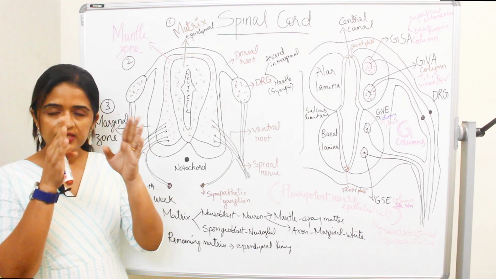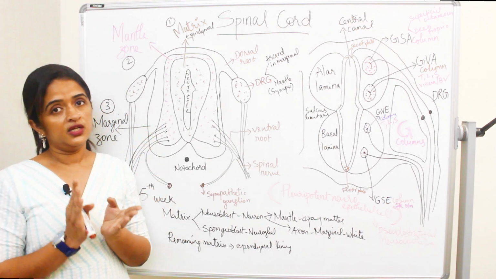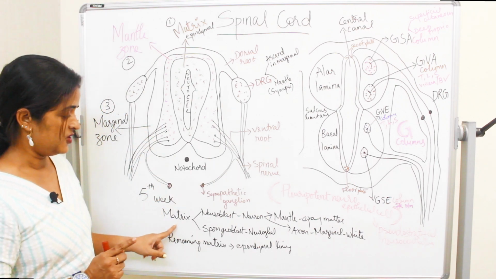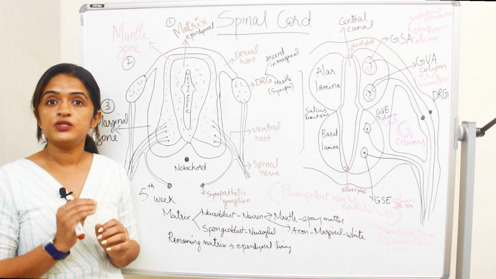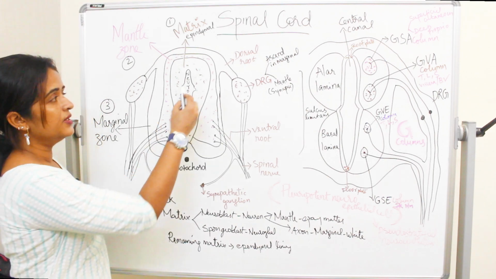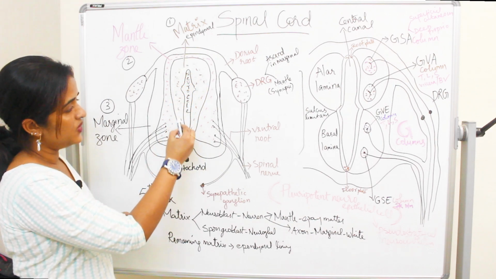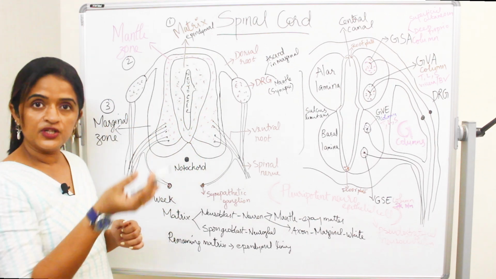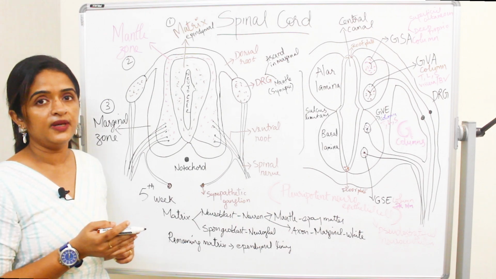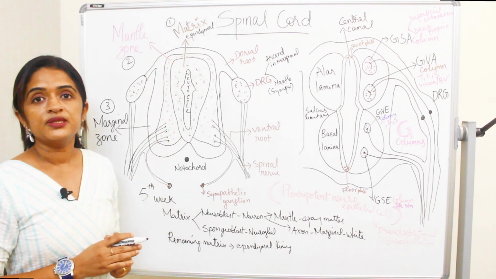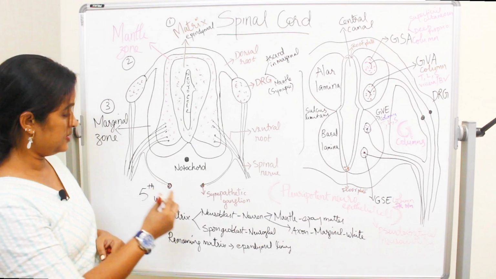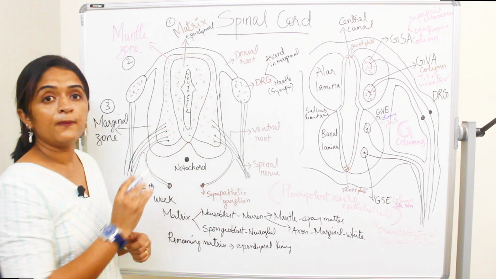That is, the lining of the neural tube is known as matrix. And what happens to the matrix? So you can see that this is the neurocele, the cavity, and around the neurocele, first we can see that the wall of the neural tube, which was very thin in the beginning, develops as the matrix zone, otherwise known as ependymal zone.